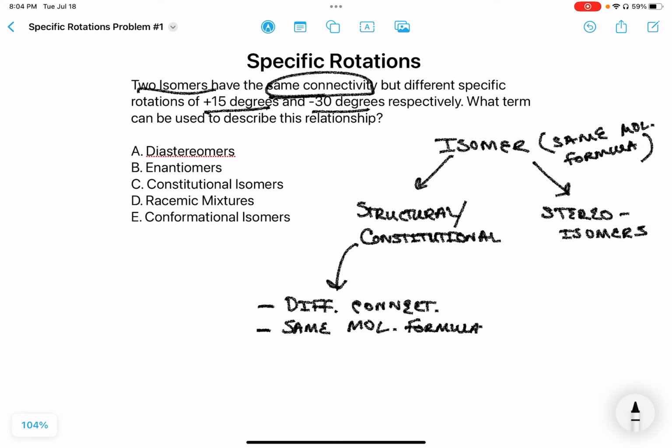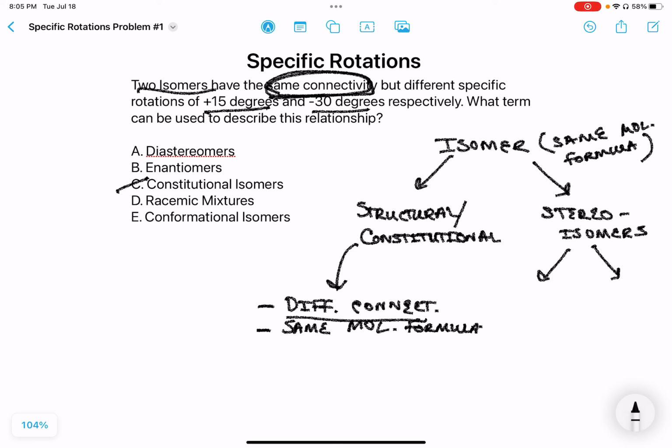If we're reading this problem, it says they have the same connectivity, so immediately we know they're isomers but not structural or constitutional. So C is ruled out, because constitutional isomers have different connectivity. And so we're left with stereoisomers.